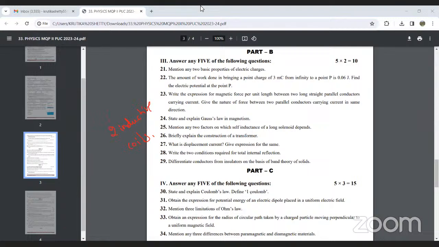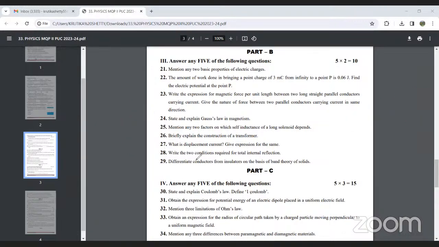Current due to time varying electric field. Yes, correct. That is the displacement current definition. Here the displacement current ID is equal to epsilon naught times the rate of change of the flux. This is the displacement current ID expression.